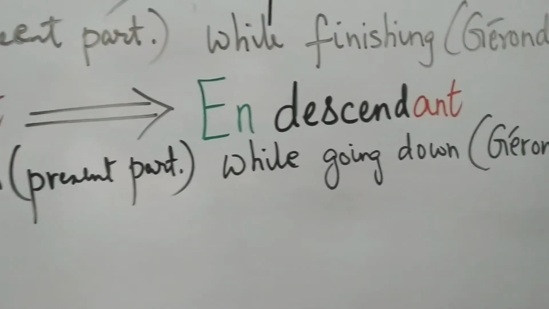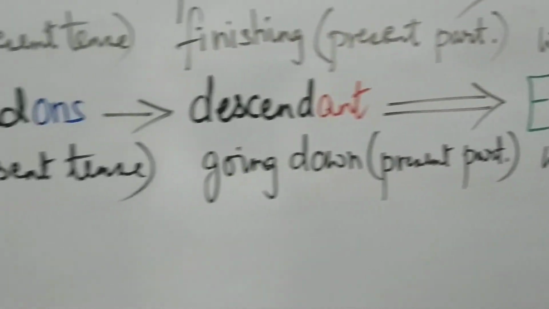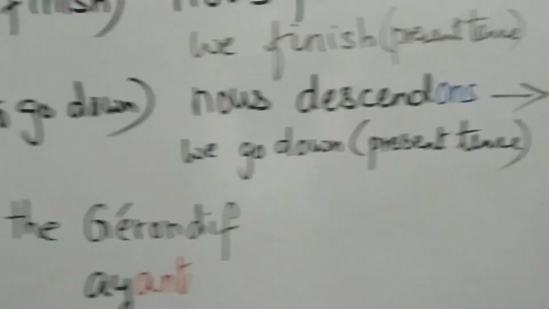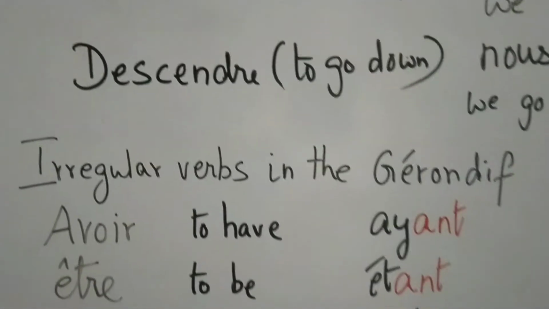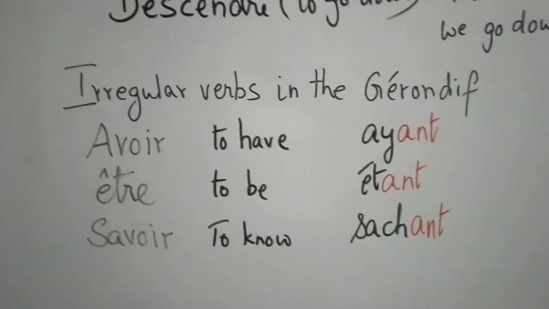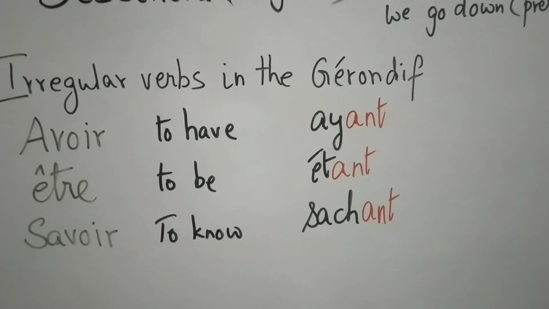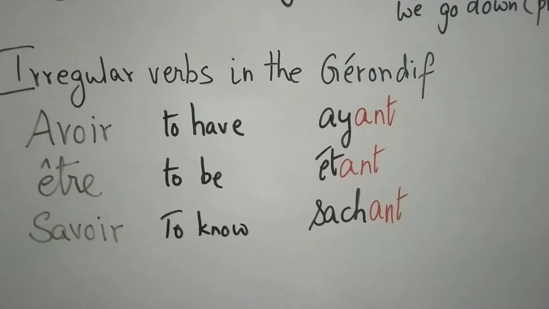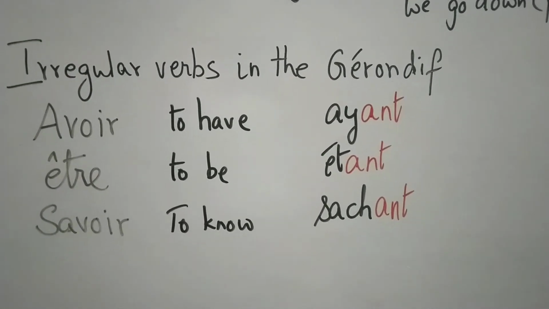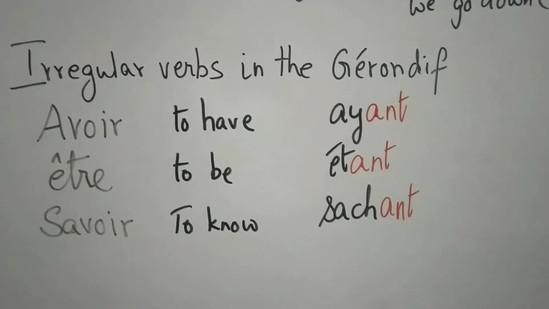Now, there are three irregular verbs as far as your syllabus is concerned, and this has to be learnt by heart. The first verb is avoir, which means to have, and the present participle of avoir is ayant, A-Y-A-N-T, which means having.